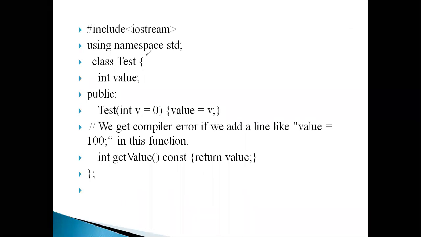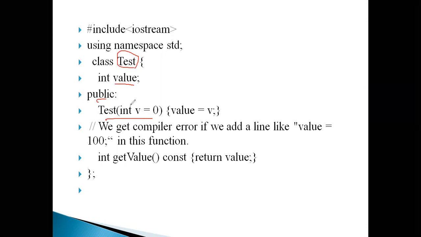In this particular one, I am defining a class Test. In this, I specify a private data member, value, and in the public section I am using a member function. Up to now, we call this a member function, not a constructor. We'll discuss the constructor later, what it actually means.